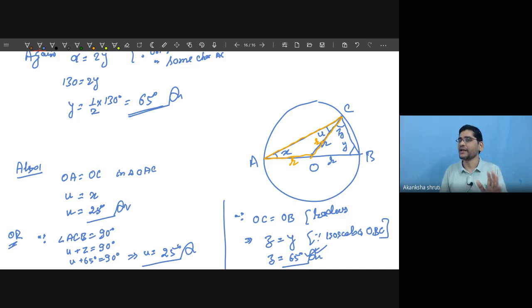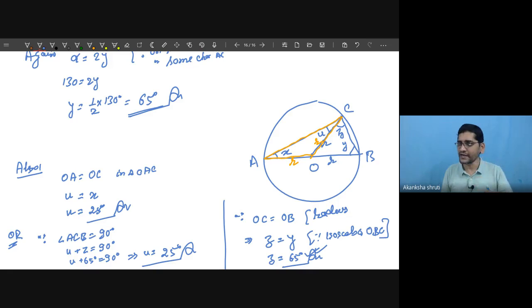So student, my purpose from last day and today is to make you understand how to analyze the angle. Angle is very important in circle as well as in lines and angles and in triangle. So be careful for the properties like isosceles, semicircle, the angle at center and angle at the circumference.